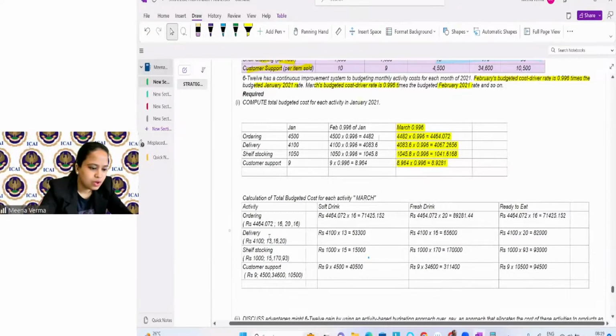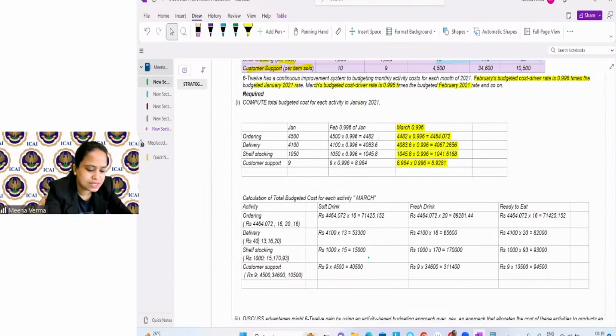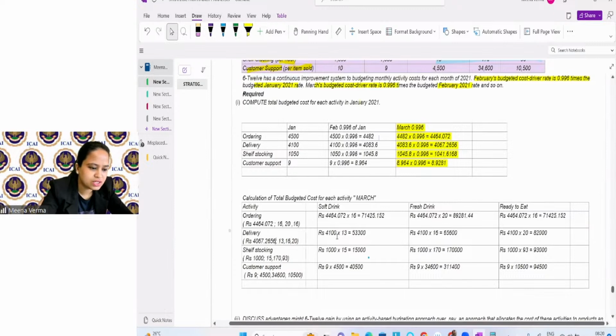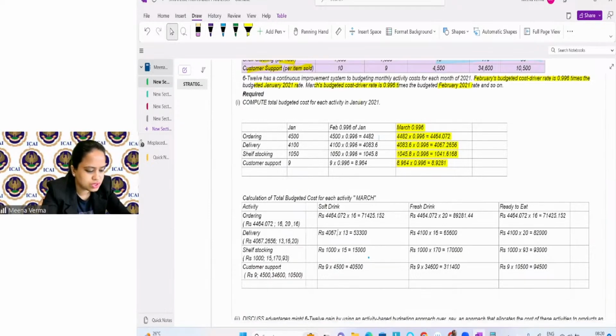So here the cost has changed from 4100 for the month of March. It has changed to 4067.2656. Right. So consider this new value here, 4067.27, rounded off, into 13 is equals to what?